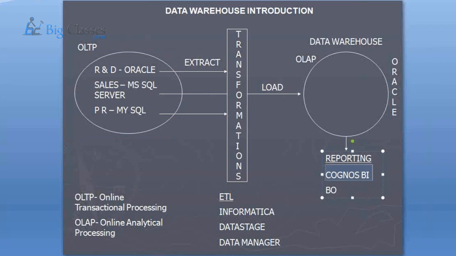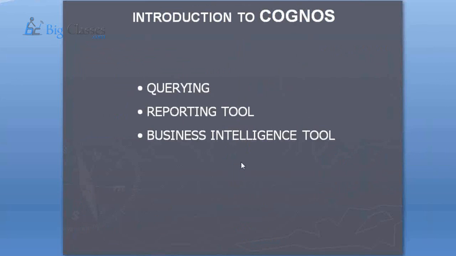The same tool, in some aspects we call a querying tool, sometimes a reporting tool, sometimes a business intelligence tool, and sometimes a decision support system. These are many names for the same tool, depending on the usage. Sometimes we call this a querying tool. Why are we saying this is a querying tool?